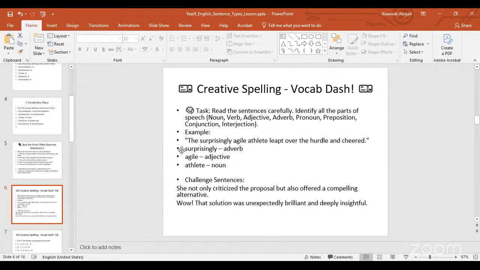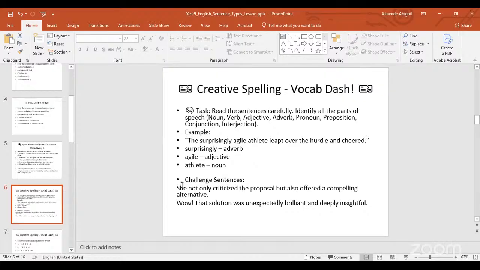Surprisingly is my adverb. Agile is my adjective. Athlete is my noun. There are many others there, but I'm just choosing these three for now. I see leapt is the verb, so maybe I should have allowed you to look for that. Then cheered is another verb.